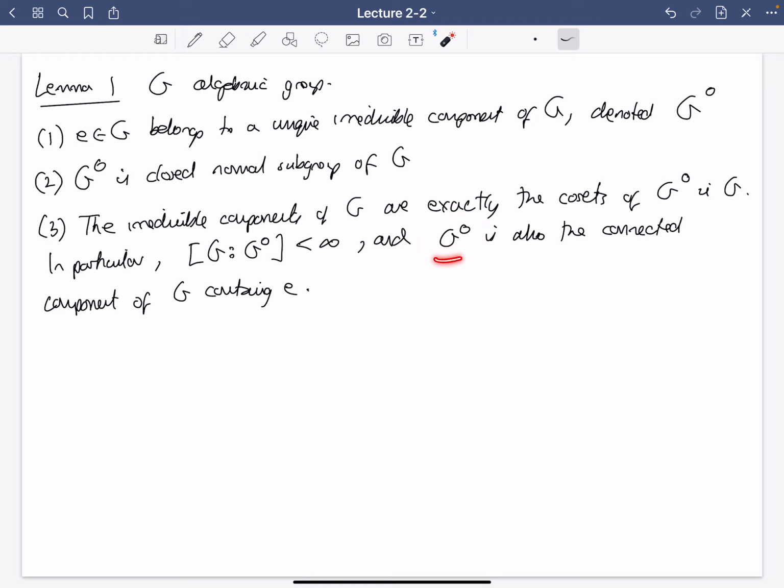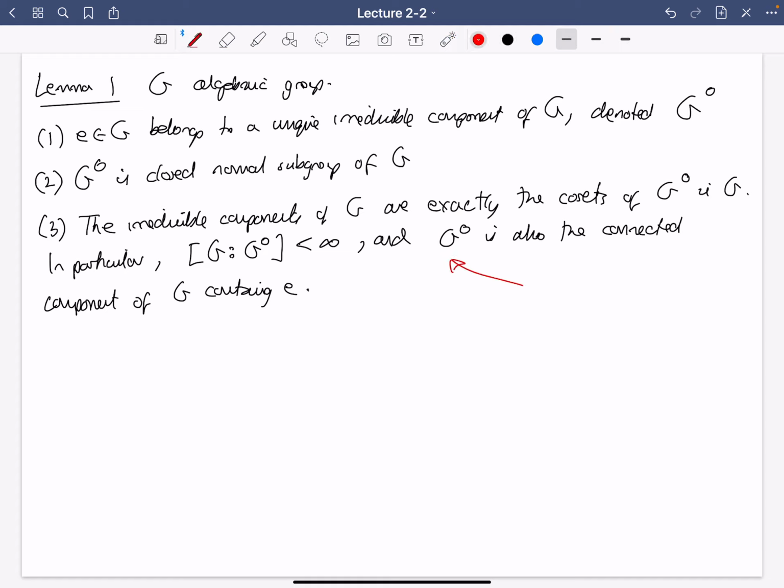But you see, G0 is closed in G, and because its index is finite, the complement of G0 in G is a finite union of other cosets, which are other irreducible components. That finite union is closed as well. So that means that actually G0 is both open and closed in G, and it's connected. So actually it's the connected component of G containing E.